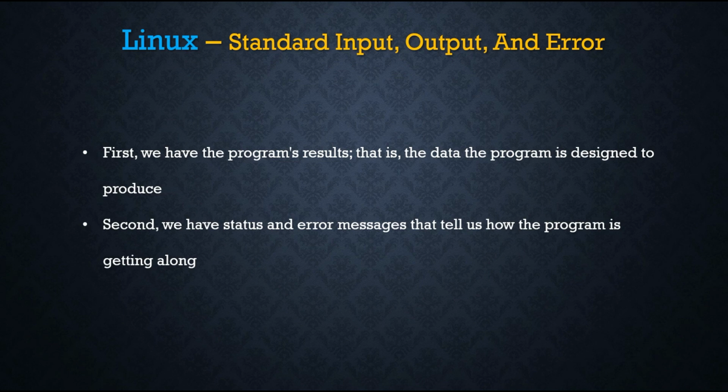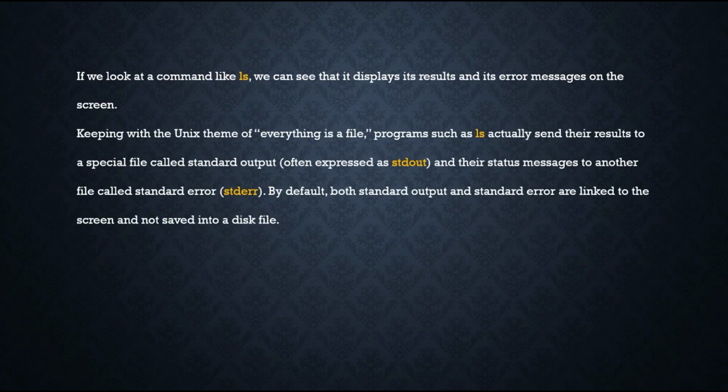If we look at a command like ls, we can see that it displays its results and its error messages on screen. Keeping the Unix theme of everything is a file, programs such as ls actually send their results to a special file called standard output, often expressed as stdout, and their status messages to another file called standard error, and it is noted as stderr.